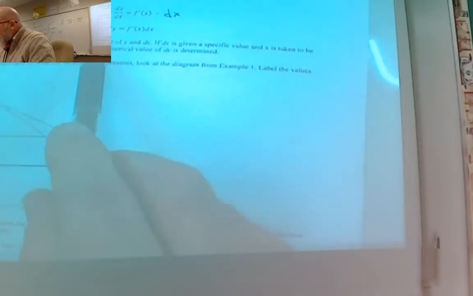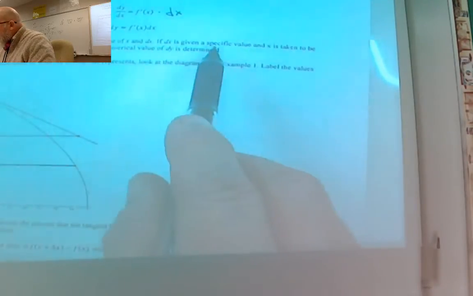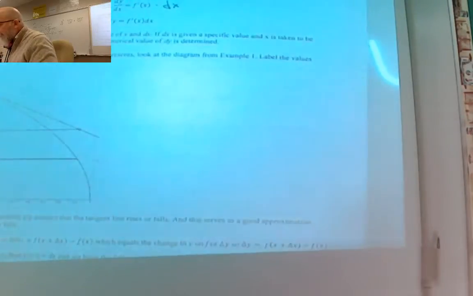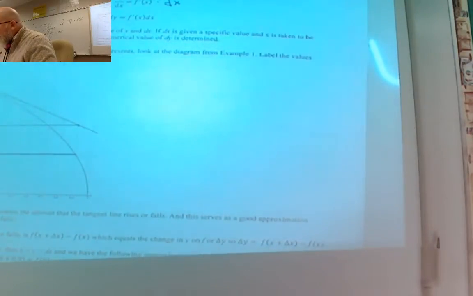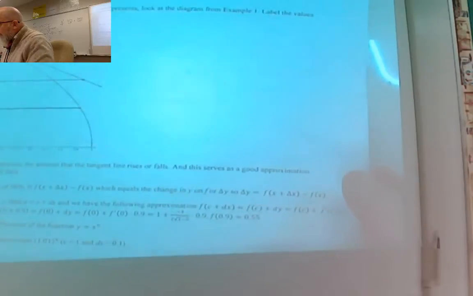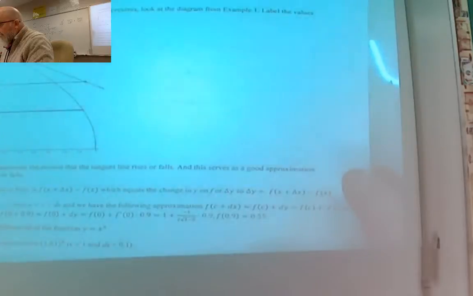It depends on the value of x and dx. If dx is a specific value and x is taken to be some specific number in the domain, then the numerical value of dy is determined. To get a better understanding of what a differential represents, look at the diagram from example 1. Label the values of dy and dx.